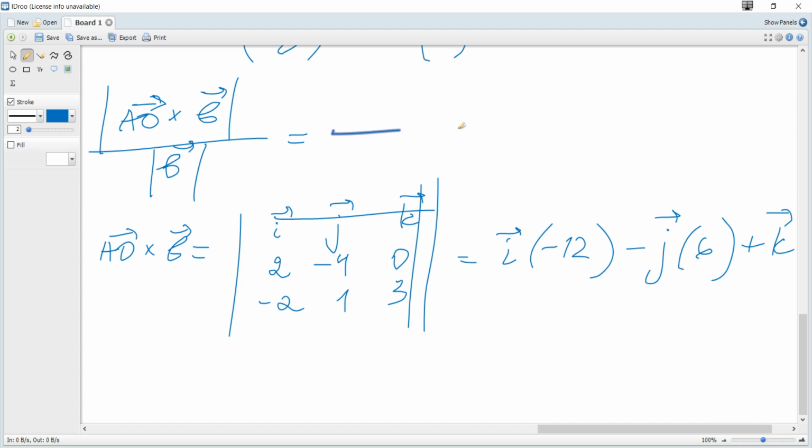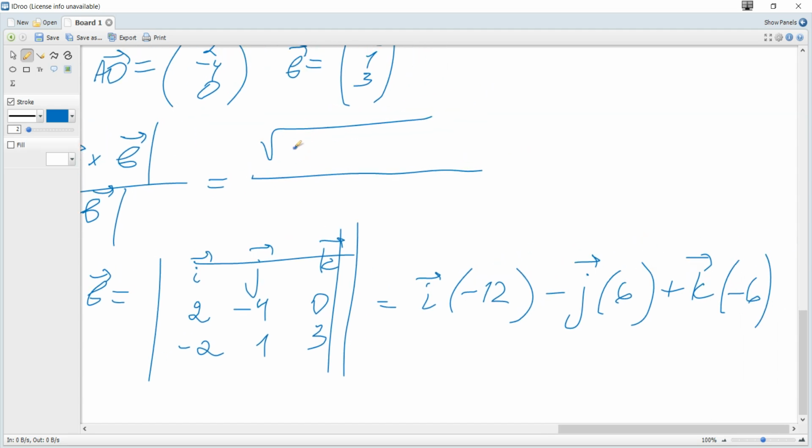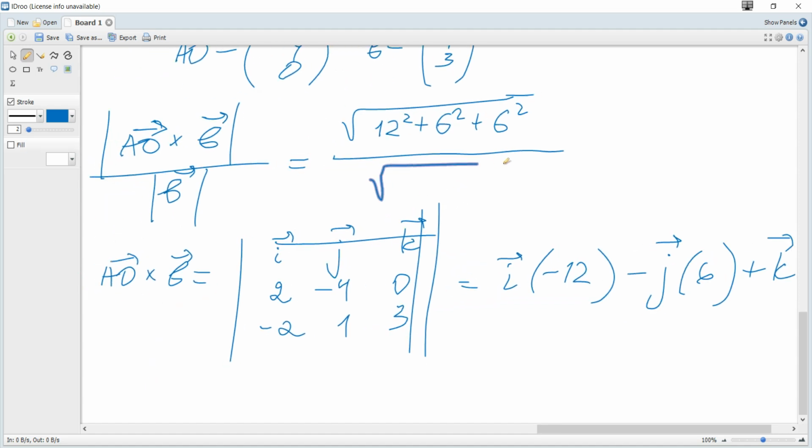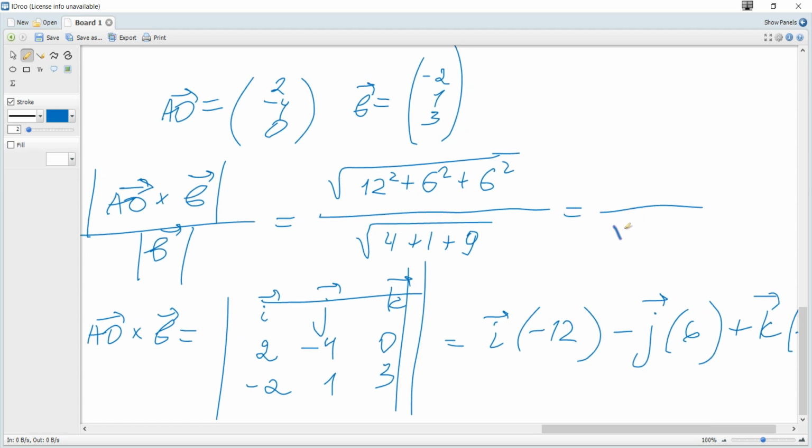And then we need the magnitude of this vector, which is the cross product of AO and b. It's the square root of 12 squared plus 6 squared plus 6 squared, divided by the magnitude of b. It's 4 plus 1 plus 9, and it's root of 14.